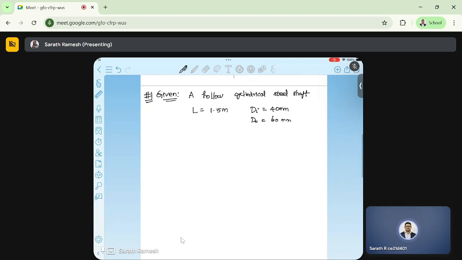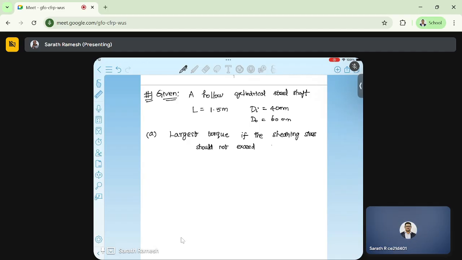We have to find the largest torque which can be applied if the shearing stress should not exceed 120 megapascal. Okay, this we need to find.